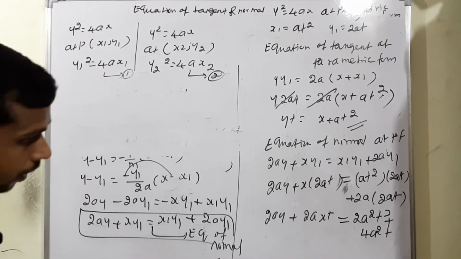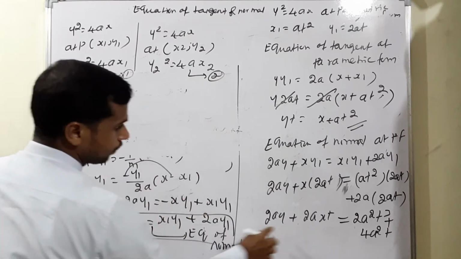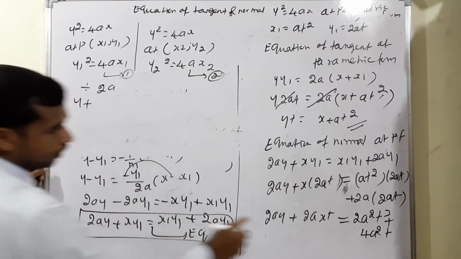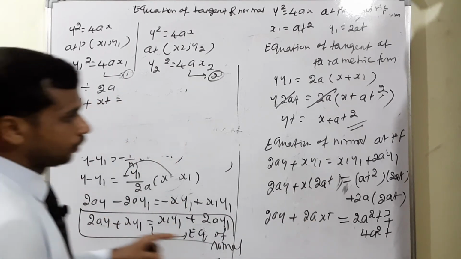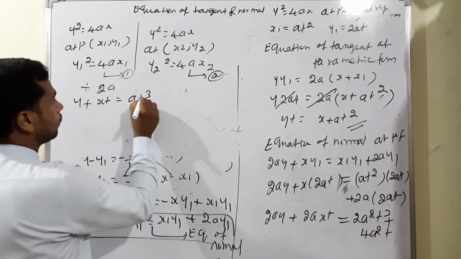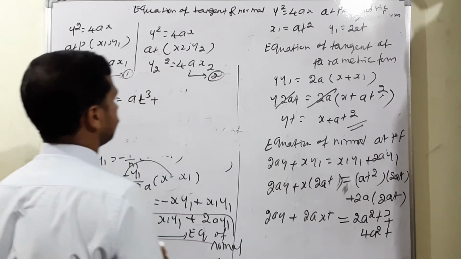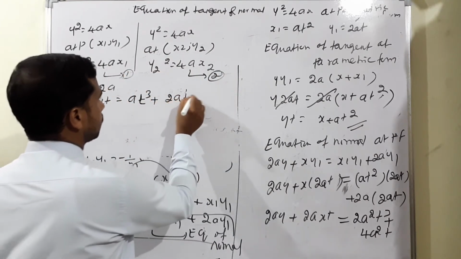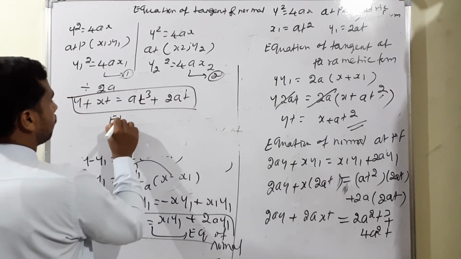We can write it y plus xt is equal to at cube plus last condition 2at will come, isn't it? 2at. This is the equation of normal in parametric form.